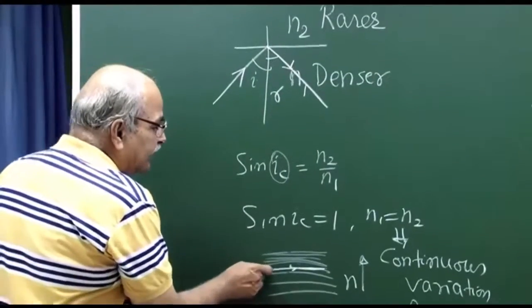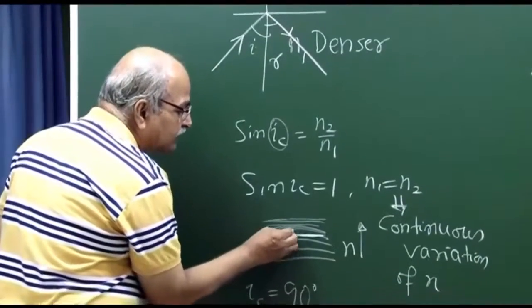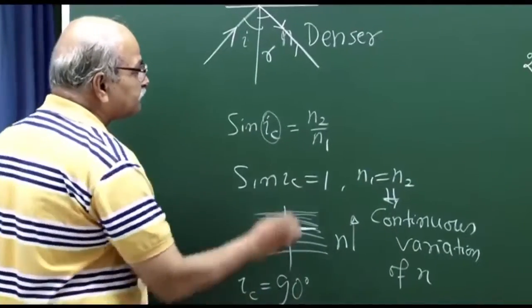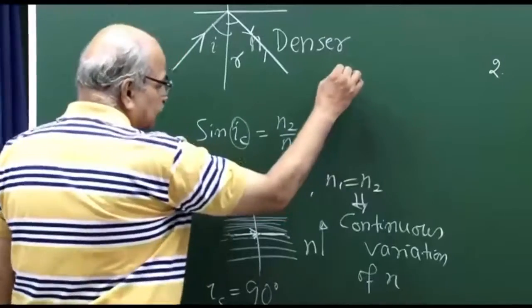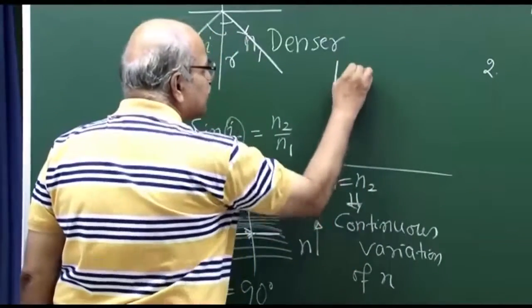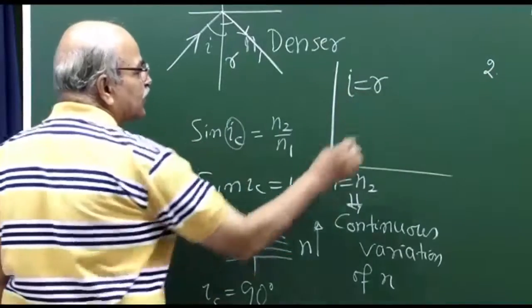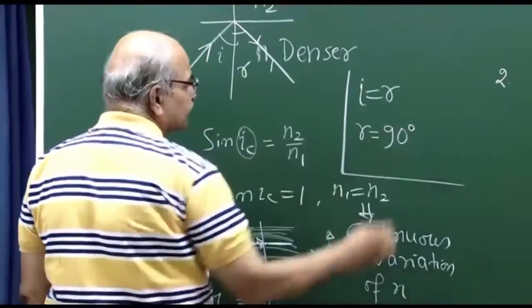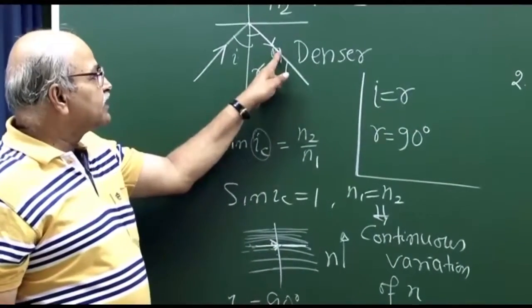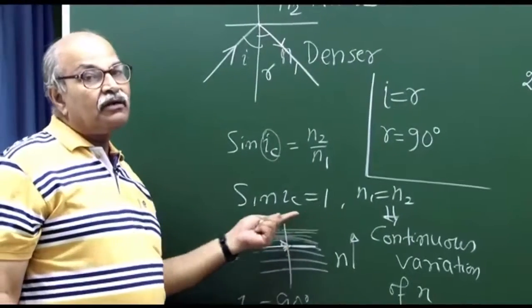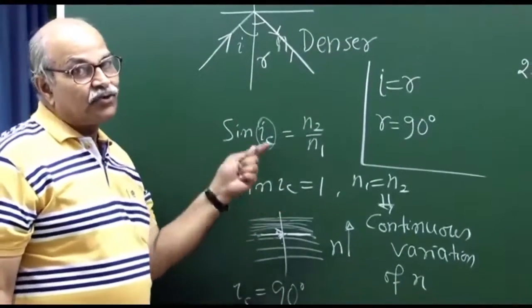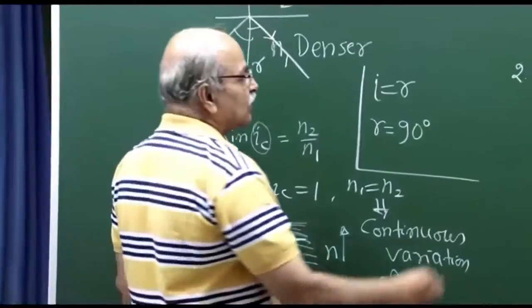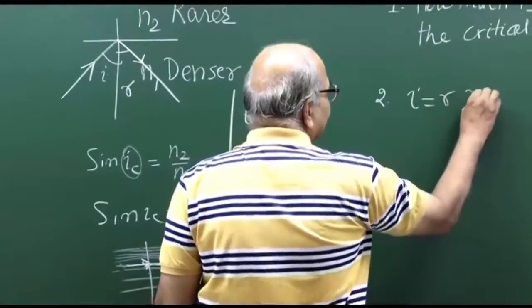So if my light has become horizontal, at that time the angle of incidence is 90 degrees, and we have laws of reflection, so angle of incidence should be equal to angle of reflection, and therefore R should also be 90 degrees. And angle of reflection 90 degrees means it is going along that layer, it's not bending. So that is the second question, that I equal to R must be obeyed.